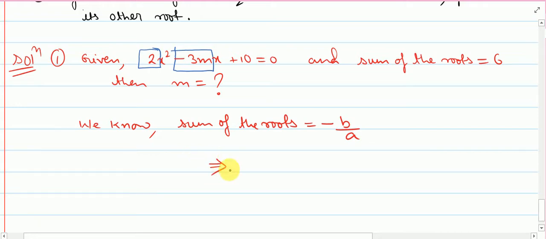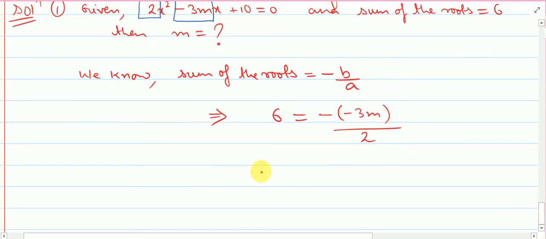So this implies, what should be the sum of the roots? 6. So 6 is equal to minus, now in place of b we write minus 3m, and for a we write 2. Now we will simplify. So cross multiply 6 into 2 and here 3m.